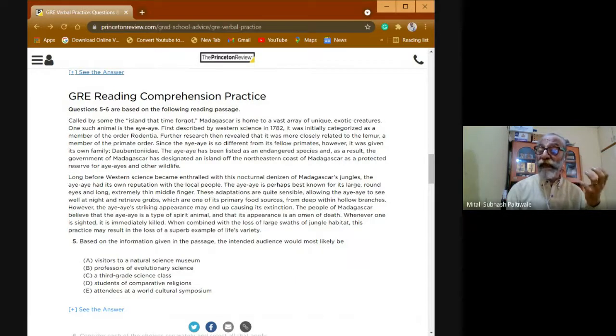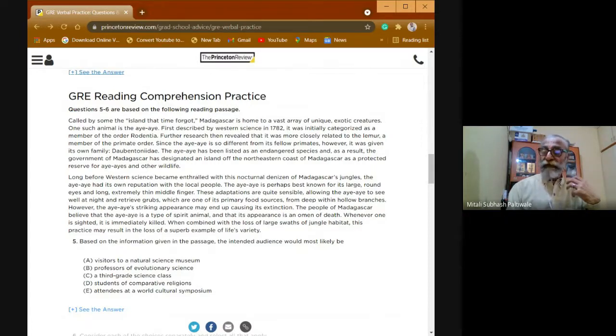As a result, the government of Madagascar has designated an island off the northeastern coast of Madagascar as a protected reserve for aye-ayes and other wildlife.